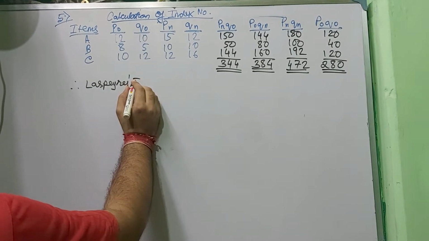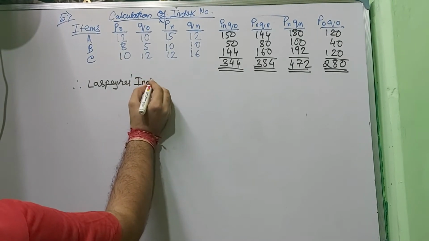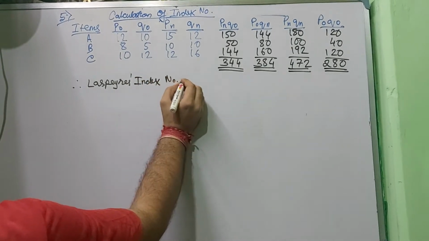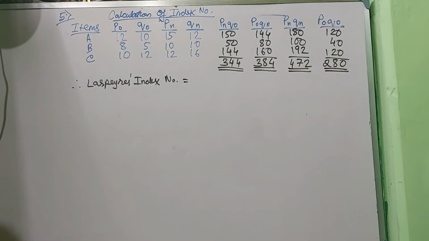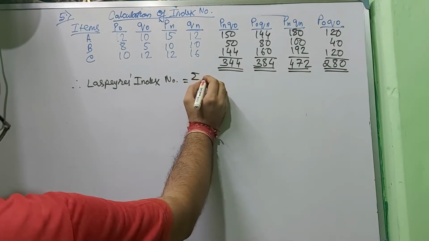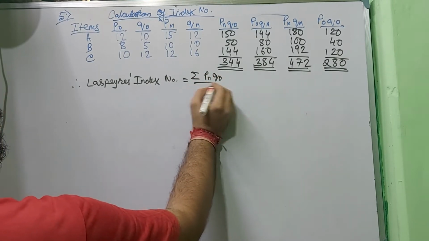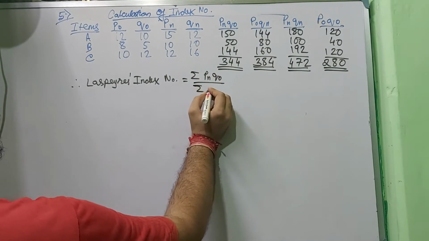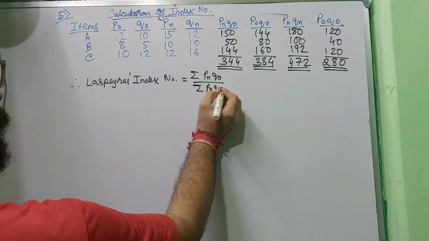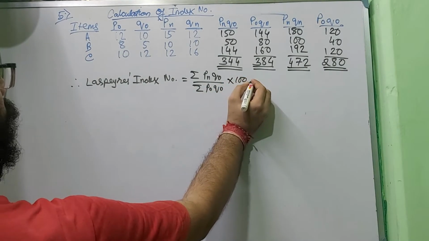So, therefore, Laspeyres' index number is equal to summation of Pn Q0 by summation of P0 Q0 into 100. I am just putting the formula.